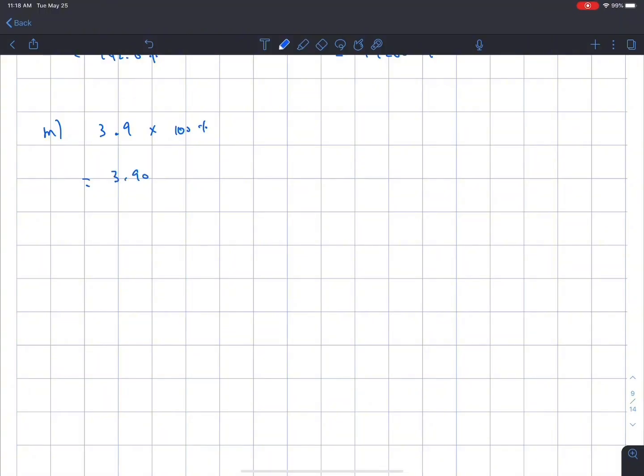This is 3.90. I just add an extra 0, so I can move the decimal point 2 to the right. And we get 390%. And 0.39 times 100%. This is 0.39, move the decimal point 2 to the right, and we get 39%.